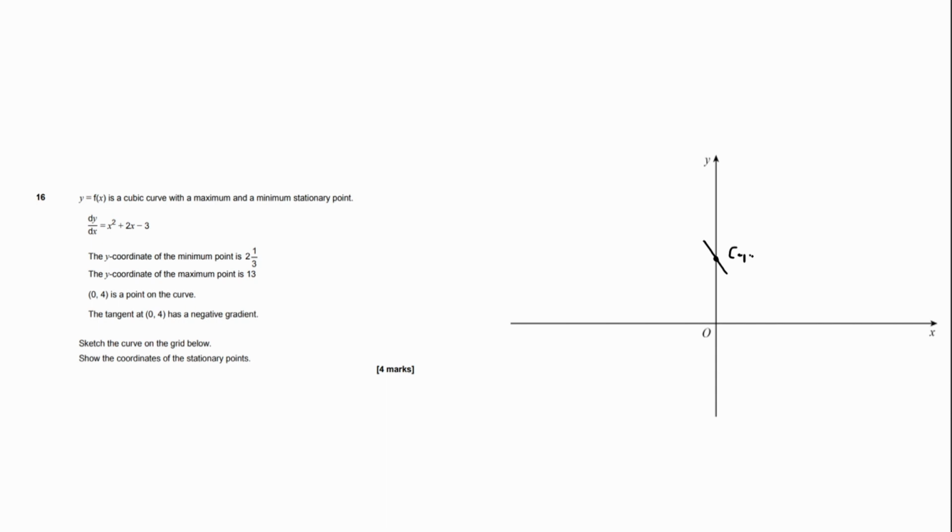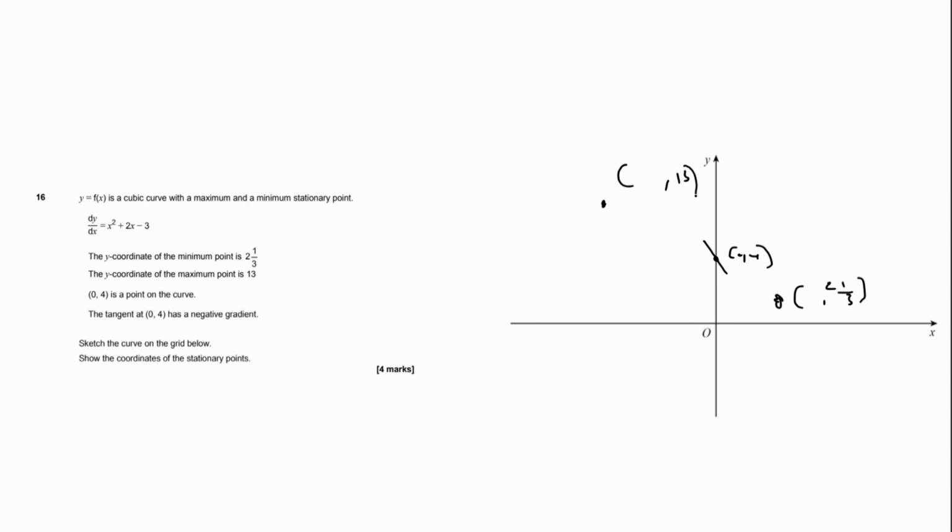It says that the y-coordinate of the minimum point is 2/3, somewhere around there. And then the y-coordinate of the maximum point is 13, which is going to be above, somewhere around there.